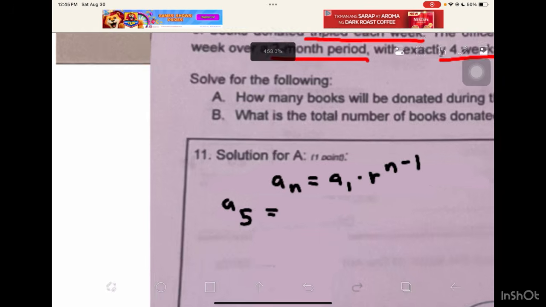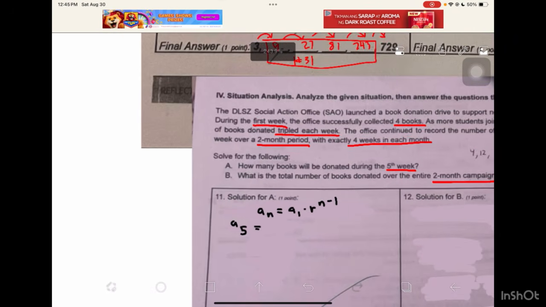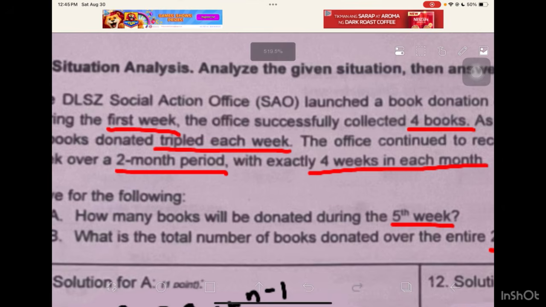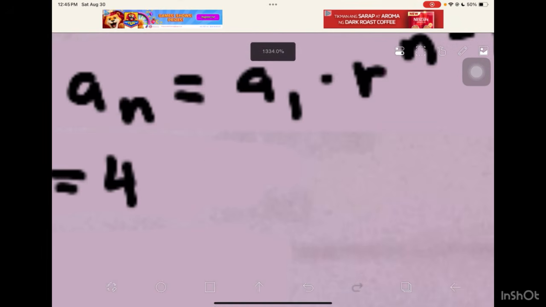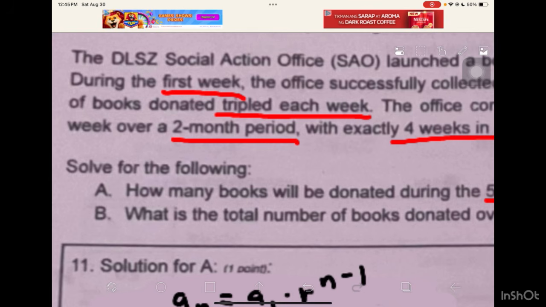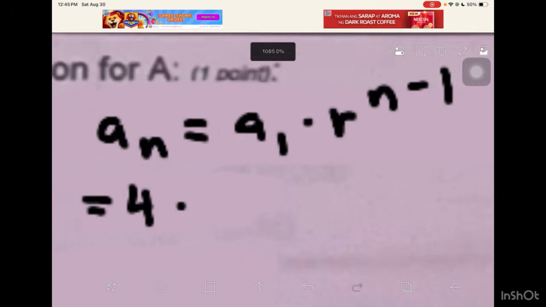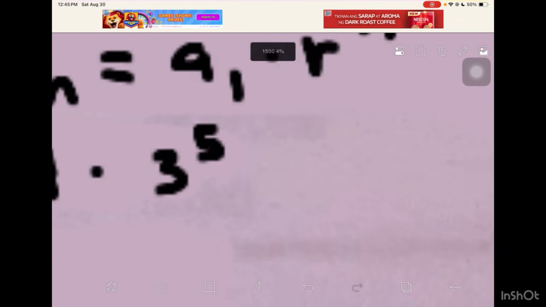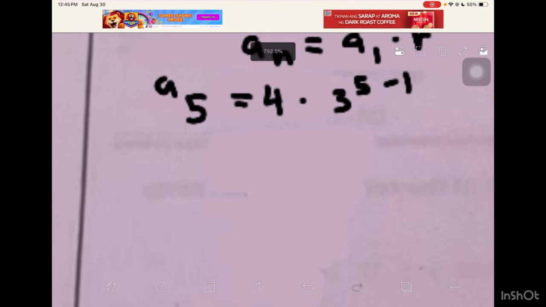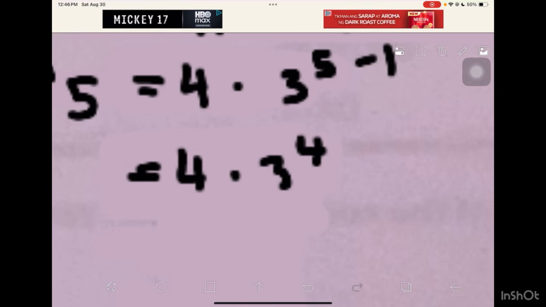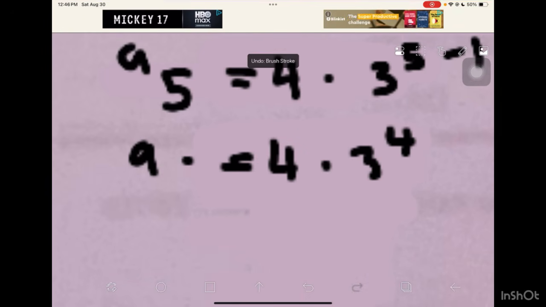Is equal to A sub 1, which is 4 books. Why? Because it's going to be first week, 4 books. So that's the first term. R is, donated tripled each week. So triple meaning times 3. So 3. N is equal to 5 minus 1. Simplify. 4 times 3 raised to 4 is equal to A sub 5.